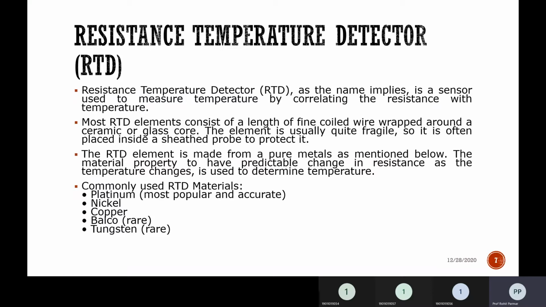Okay, here we are not going to use any other thing, but we are going to use one resistor, and the resistor's resistance will change in accordance with temperature variation. Okay, resistivity of a material is going to change with reference to the temperature. Hope all of you are getting me.